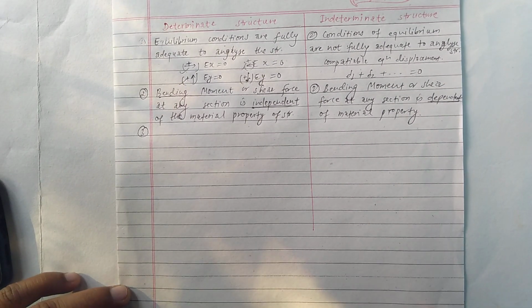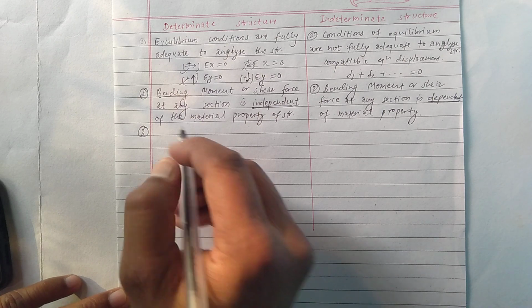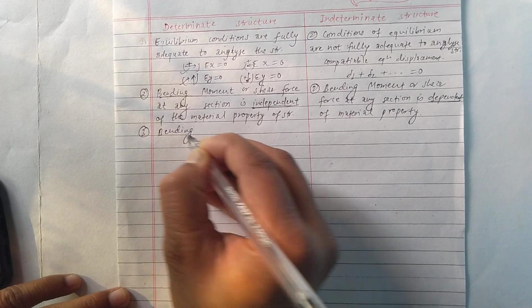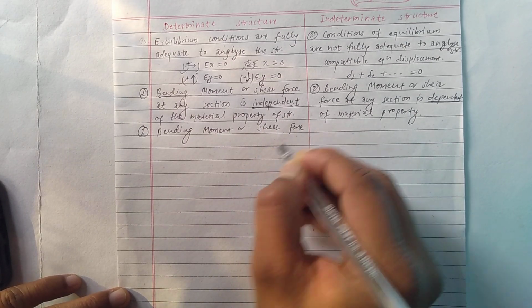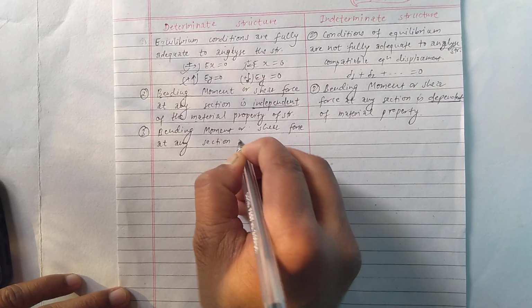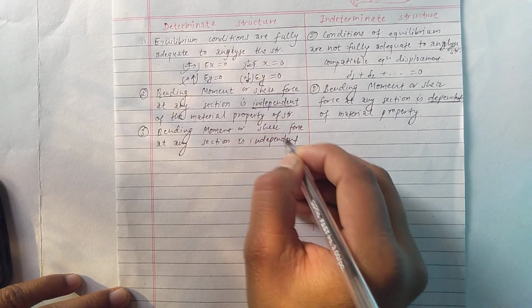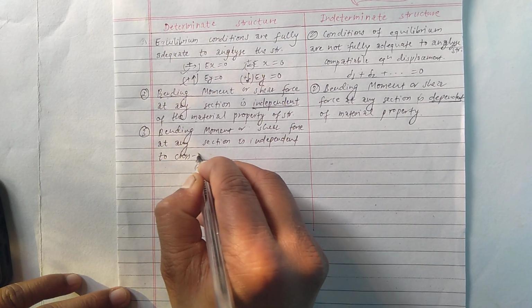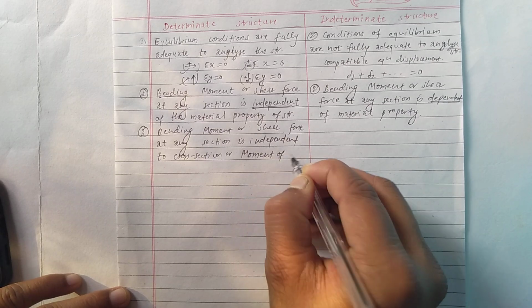And in the third point, the next point is about the bending moment or shear force again. In a determinate structure, the bending moment or shear force at any section is independent, same as in number two, independent of the cross section or moment of inertia.